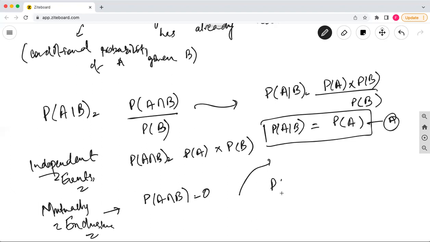So probability of A given B is equal to 0 divided by probability of B, so this will also be 0, right?